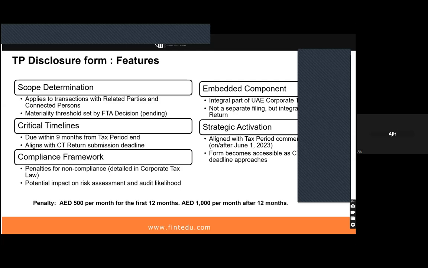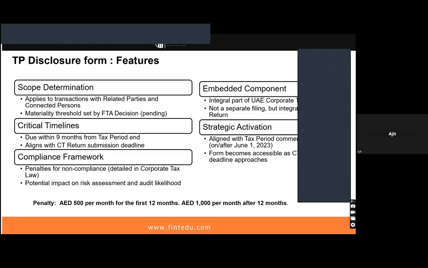But surprisingly, in the entire disclosure form, there's no such feature, no discussion about materiality. We may get clarity or some threshold, but as of today, in the disclosure form there's no materiality threshold. Even if there's a transaction of 180, one needs to report it in the disclosure form for the tax period.